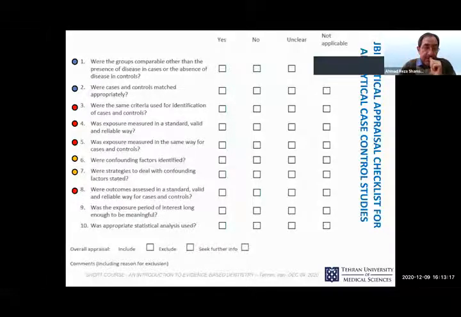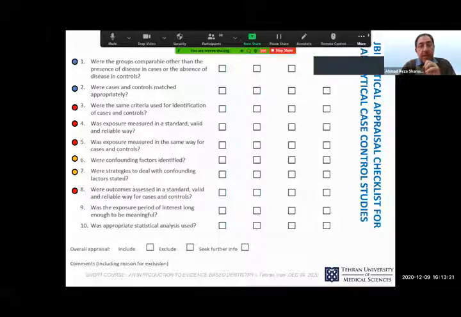There are 4 questions, 3, 4, 5, and 8, all of them pointing to information bias or measurement bias. The third question asks: were the same criteria used for identification of cases and controls? The next one: was exposure measured in a standard, valid and reliable way?